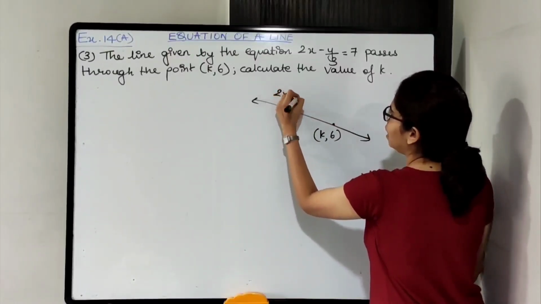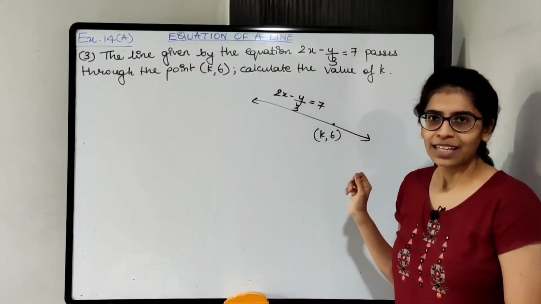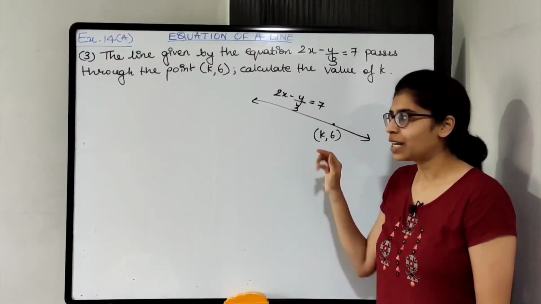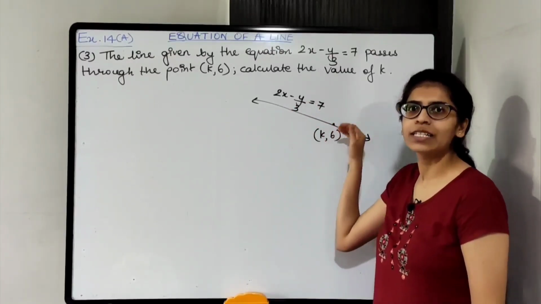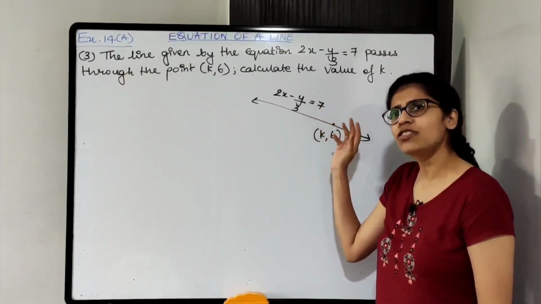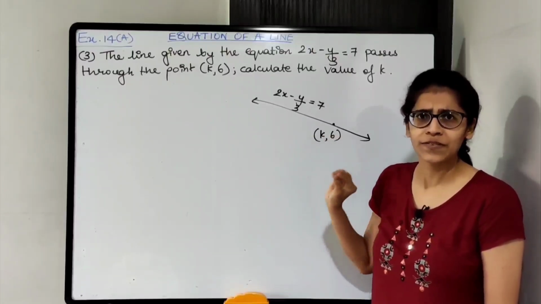So line is 2x minus y by 3 equal to 7. So it means that the point is lying on the line. Right? Line passing through the point means point is lying on the line. So if the point is lying on the line, it should satisfy the equation, right? It is supposed to satisfy the equation.